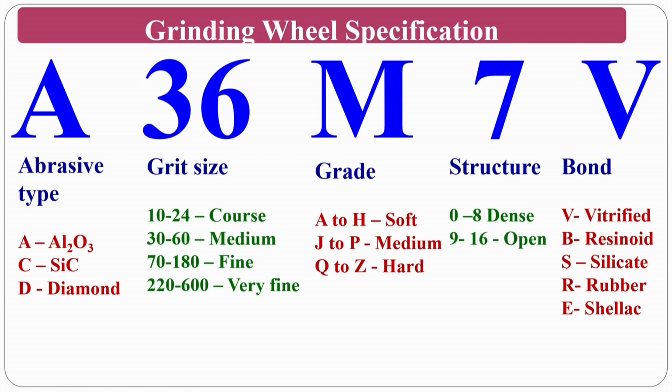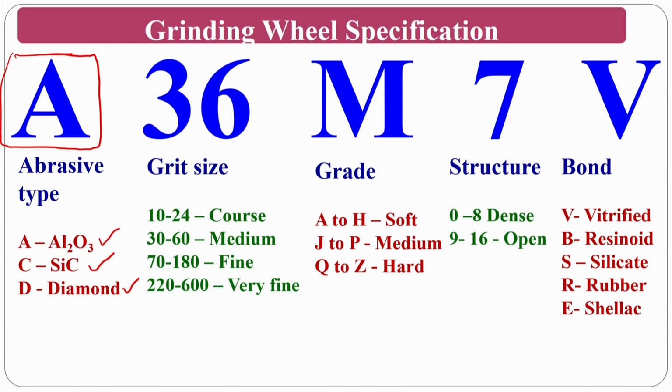If there is A, that means it is Al2O3, that is alumina type of abrasive particle. If C is there, it is silicon carbide. If D was there in the place of A, it was diamond. That means the type of abrasive used in that particular grinding wheel, which I am specifying as A36M7V.